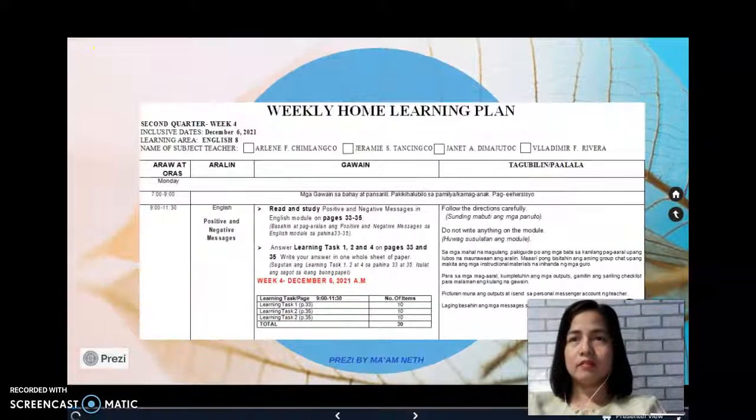For our weekly home learning plan, read and study positive and negative messages in your English module on pages 33 to 35. Answer learning task 1, 2, and 4 on pages 33 and 35.